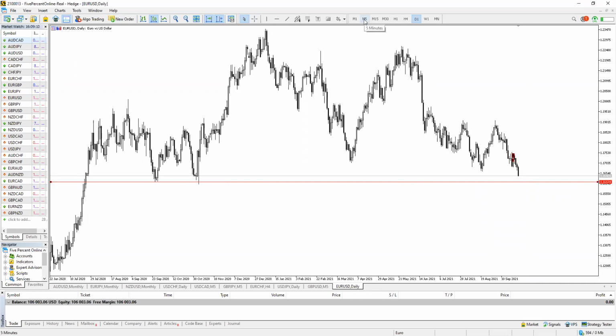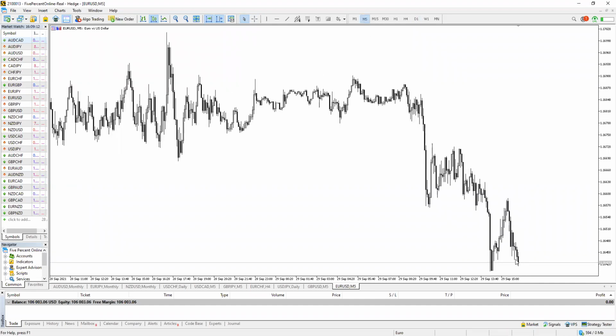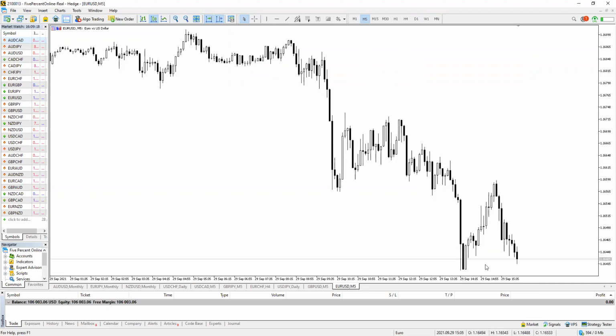So in the case of the Euro USD, we can go short on a retracement, but we can also start looking for buying opportunities. I will see how price forms around this support, and I can take a buy. If it breaks down, I'll close it and I will wait for a new opportunity to buy. Or if it goes up, I'll look for an opportunity to sell.